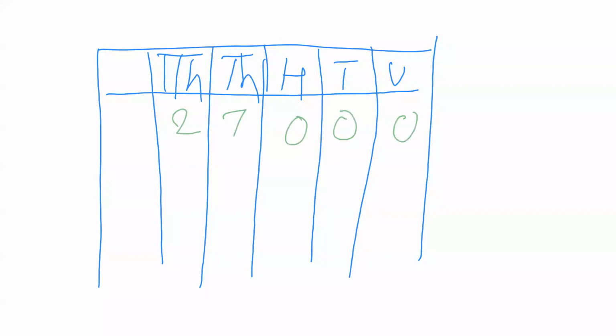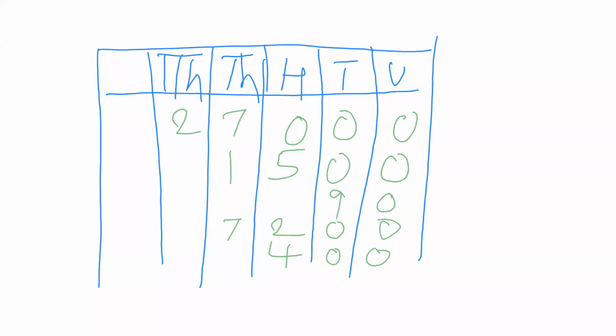Next is 1500. Then 90. 7,200. 400. Unnecessarily don't text here. And 24.